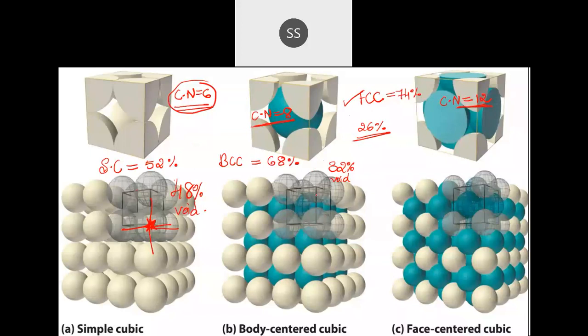Now we have to work out a few problems based on this. For that you need to remember the relationship between A and R. For simple cubic, A is equal to 2R. For face centered, FCC, A is equal to 4R by root 2.